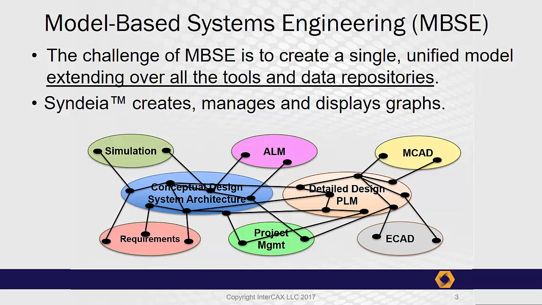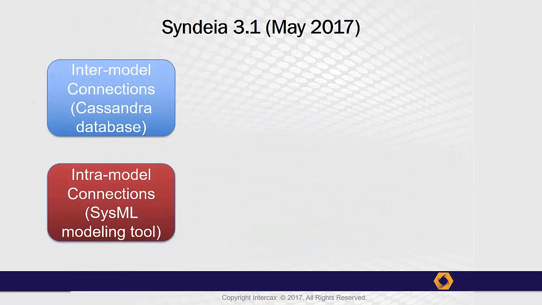Part of the problem is that these chains contain both intra-model connections, stored within the individual tools, and inter-model connections managed by Syndeia. Syndeia 3.1 provides a utility for demonstrating the potential power of modern graph database technology for finding and displaying extended connections.